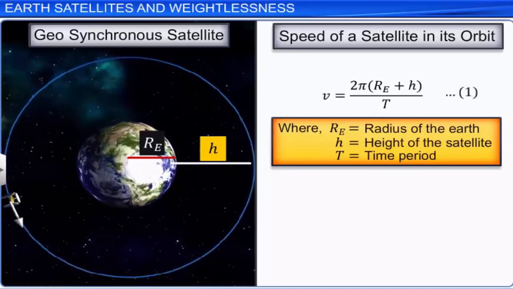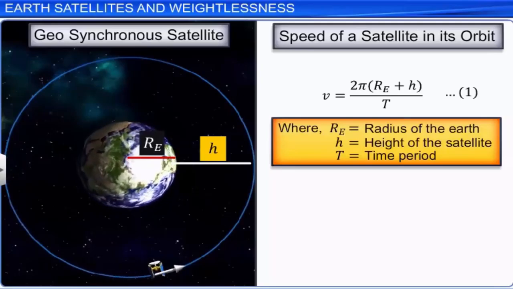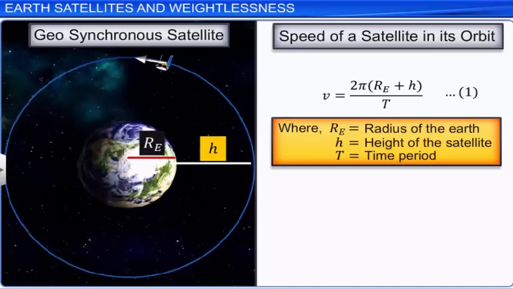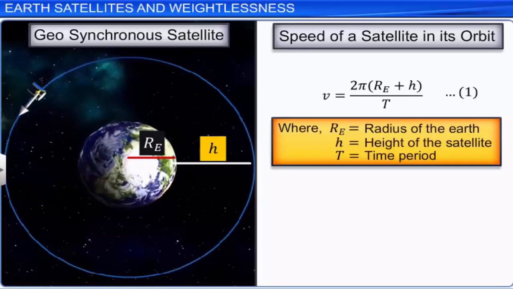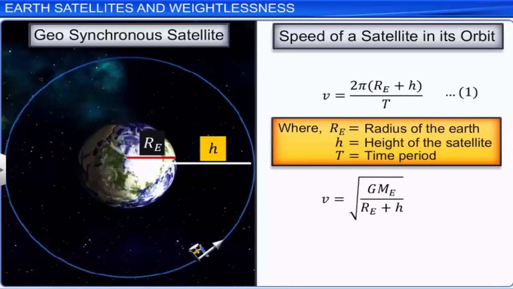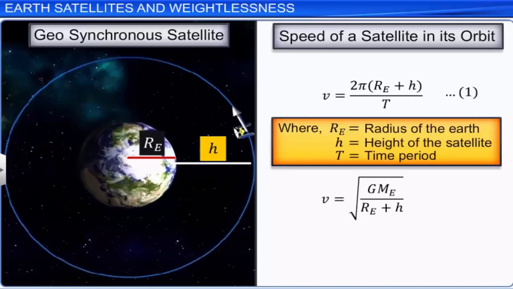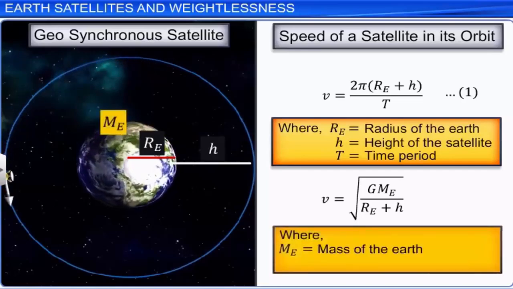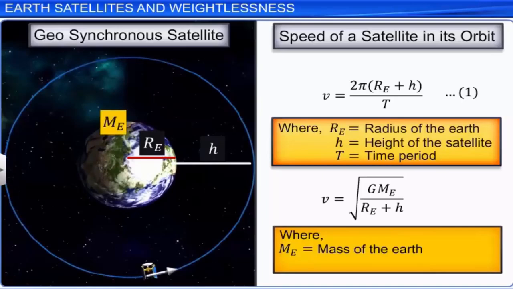The speed of a satellite in its orbit can also be obtained using the relation v is equal to the square root of GME divided by RE plus h, where ME is the mass of the Earth and G is the universal gravitational constant. Let this be equation 2.